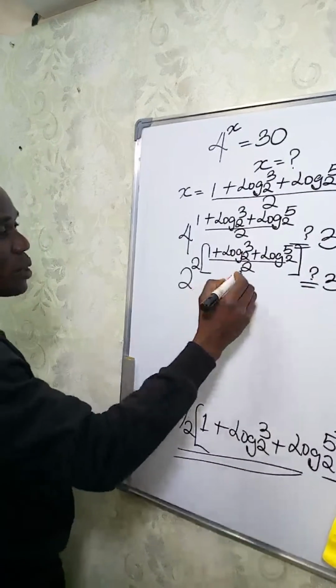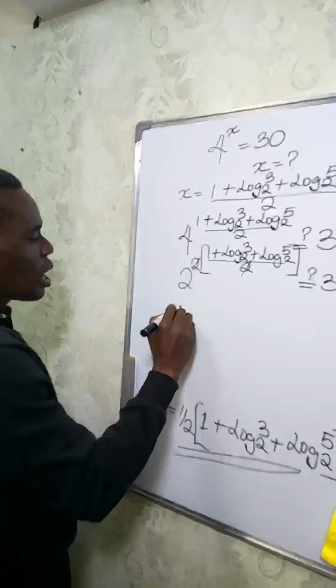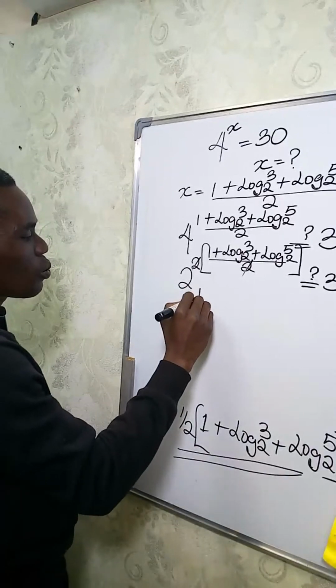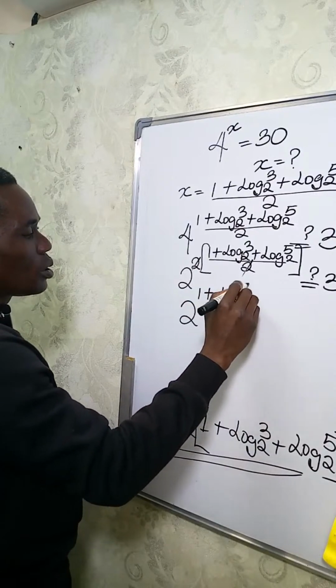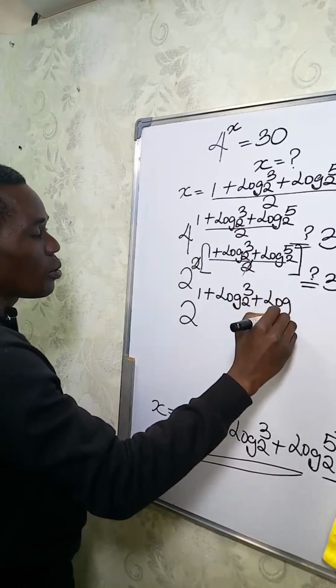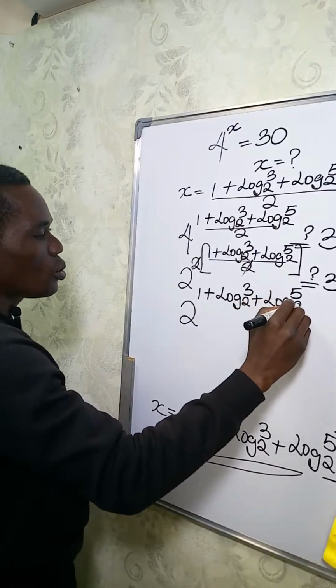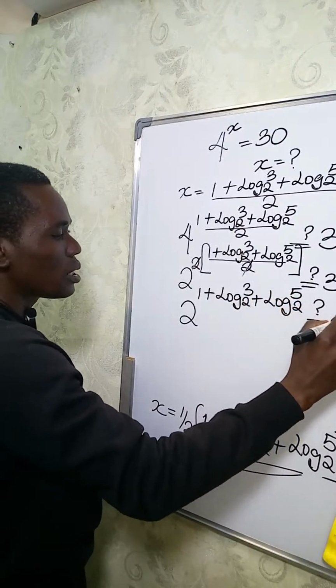Remember, from this expression, this will cancel out this, right? And then we'll have 2 to the power of 1 plus log of 3 base 2 plus log of 5 base 2. Now will this expression give me 30?